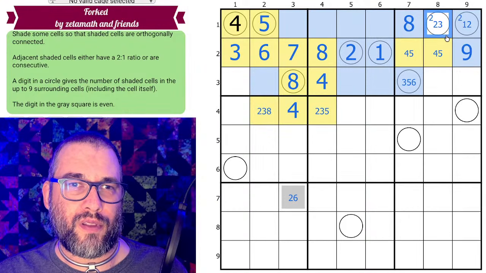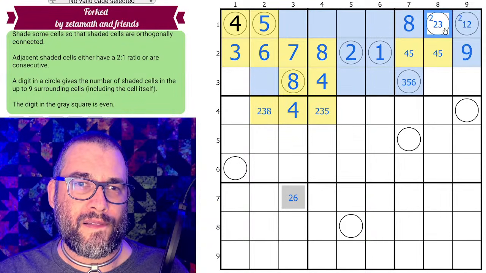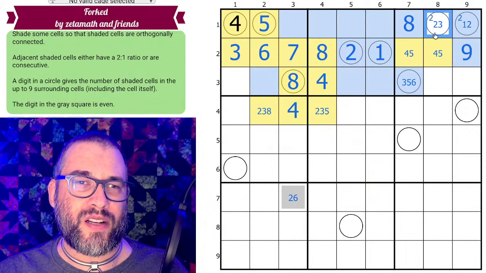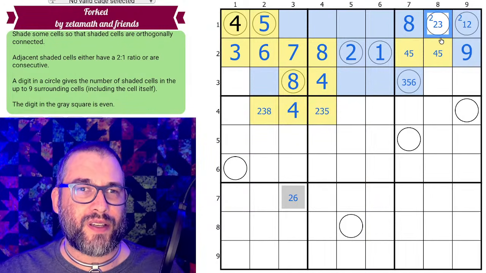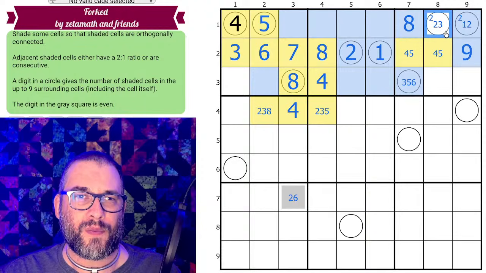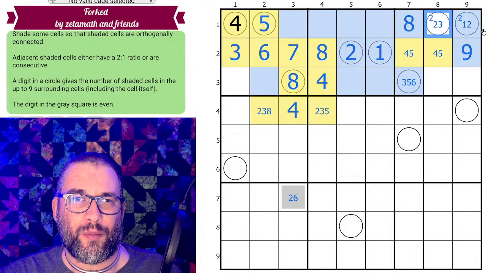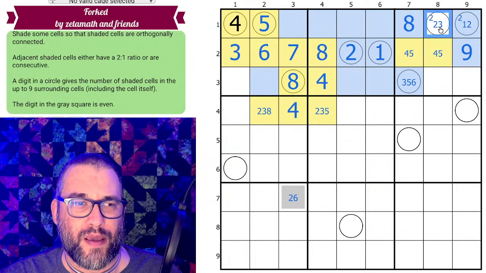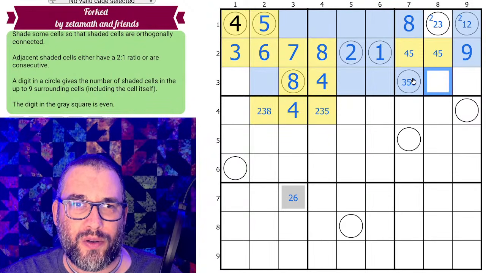So this could be shaded or not. We're going to have to figure that out, or some other way, because I think it actually works both ways. This yellow does need to get out.